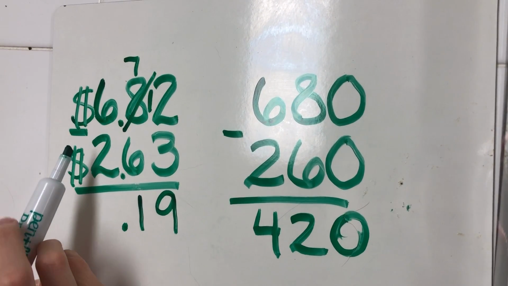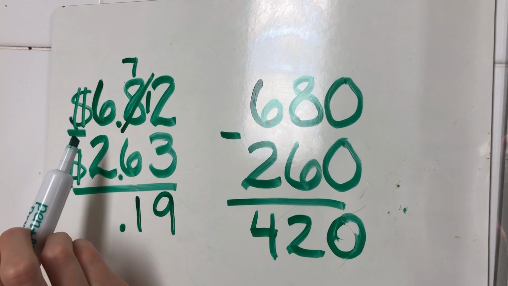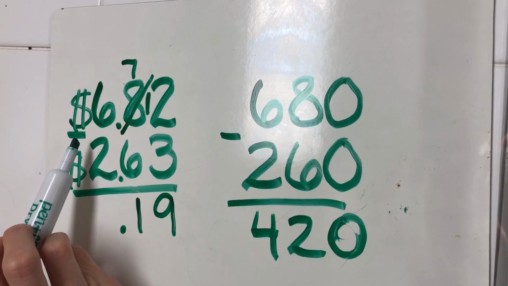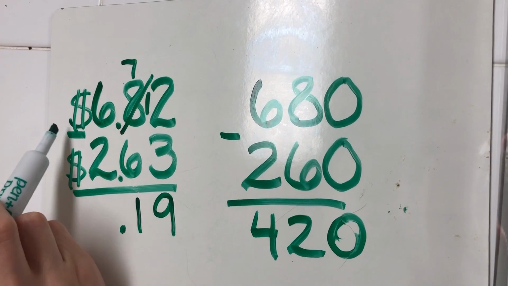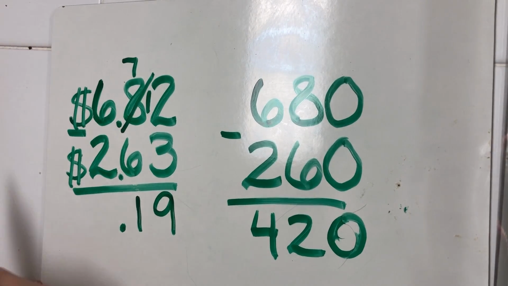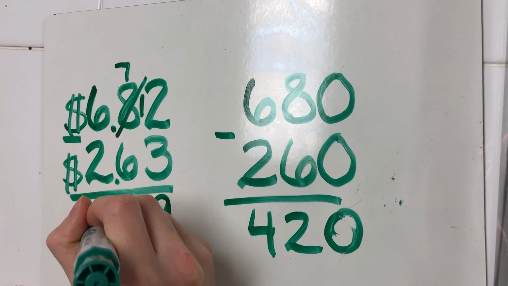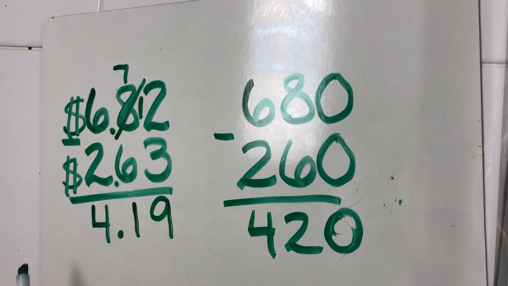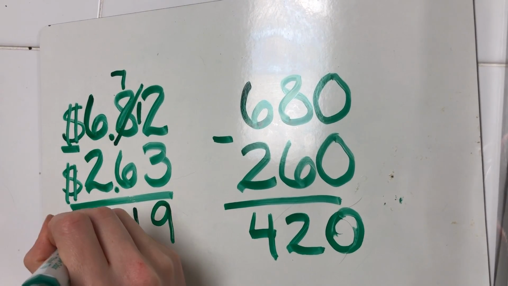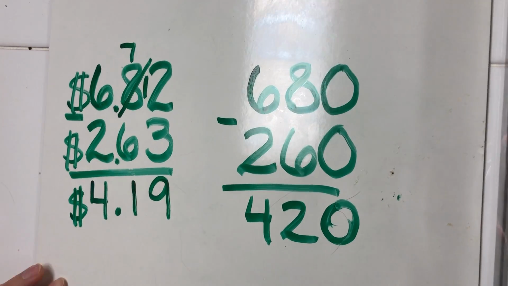And now we can go to the hundreds place. And you can even ask yourself, do I have enough hundreds? And we do. And luckily we do because there's nowhere to borrow from. So 6 minus 2 would be 4. And then we could put our dollar sign there since we're doing it like money.